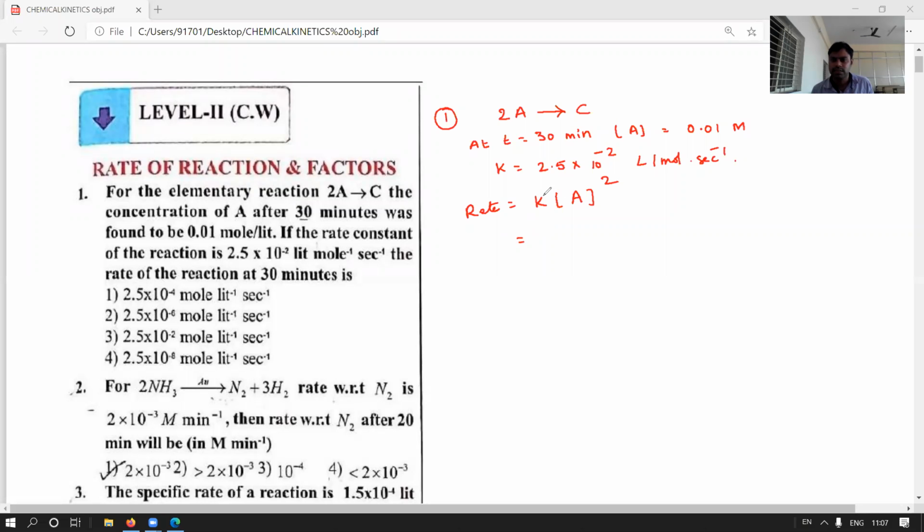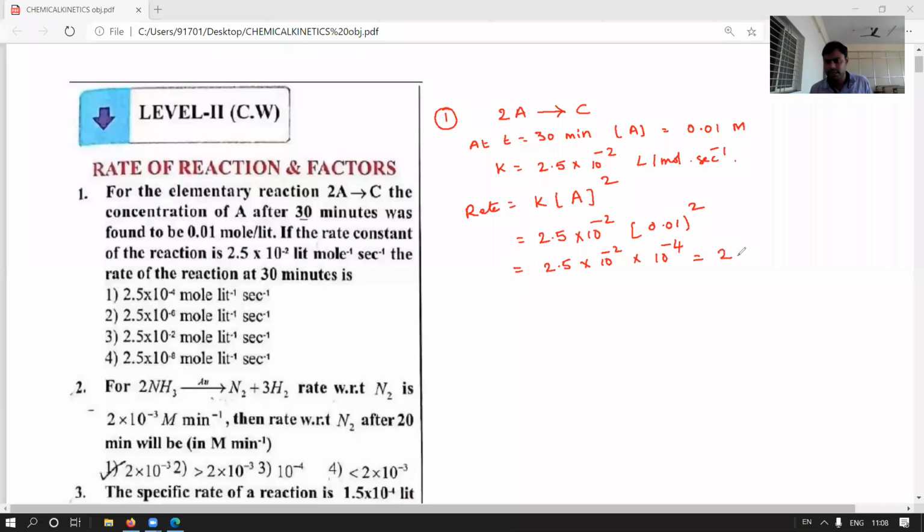Then the rate at 30 minutes is equal to the k value. You write 2.5 into 10 to the power of minus 2, and the concentration of reactant A is 0.01 whole square. Not minus 2, sorry. k is equal to 2.5 into 10 to the power of minus 2 into concentration of A whole square, 0.01 whole square. 0.01 means 10 to the power of minus 2, so it is 2.5 into 10 to the power of minus 2 into 10 to the power of minus 2 whole square, which is 10 to the power of minus 4.